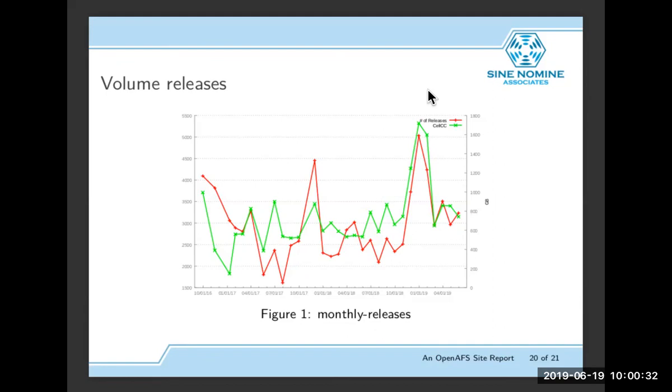So the red is the number of volumes and the green is the quantity of data? Not quite, the red is the number of releases and the green is the amount of data being transferred. I think releases means like if they ran a release. I think so.